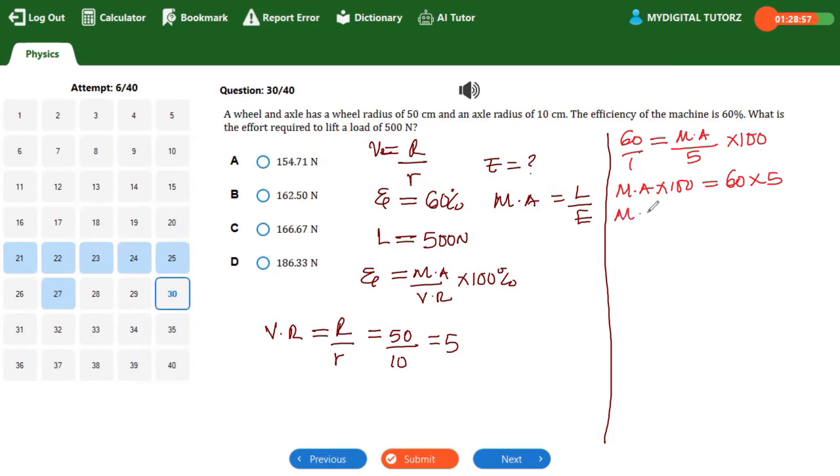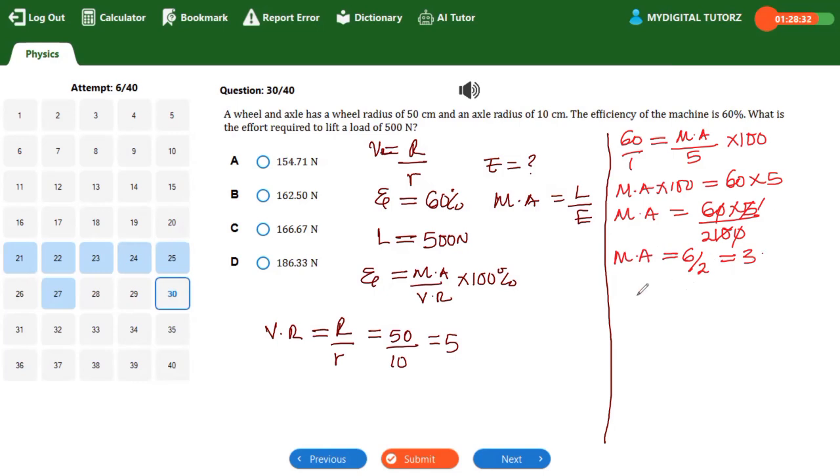So mechanical advantage will be equal to 60 multiplied by 5 all over 100. 0 cancels this 0. We have 5 in 10, 2, which will give us 6 all over 2. That will be 3. Mechanical advantage is a force ratio, it has no unit as well.